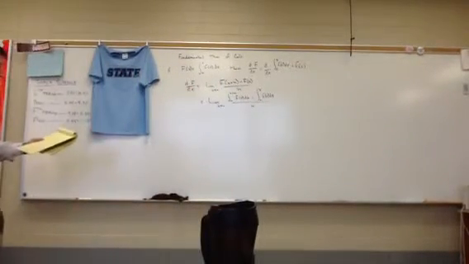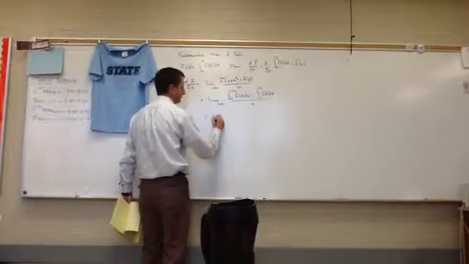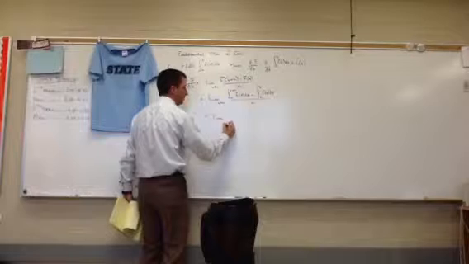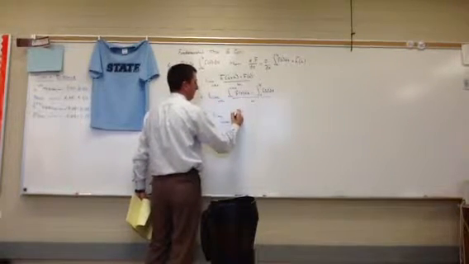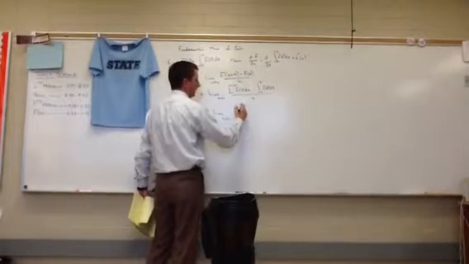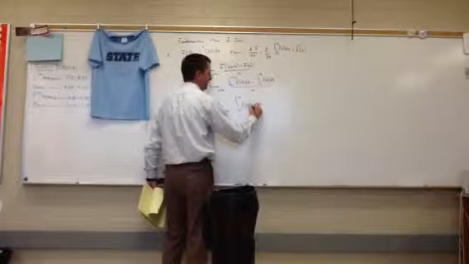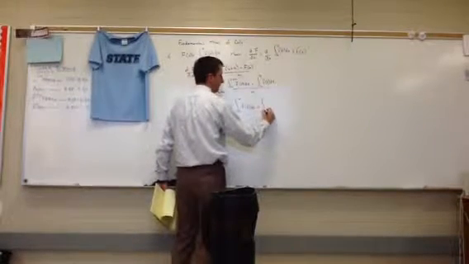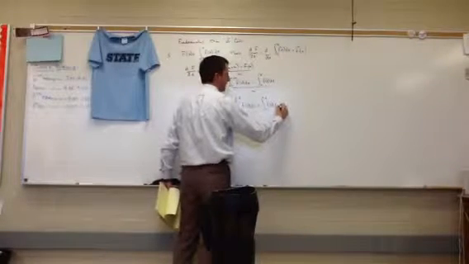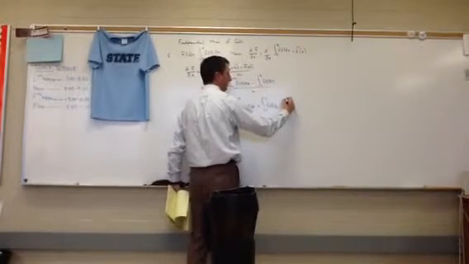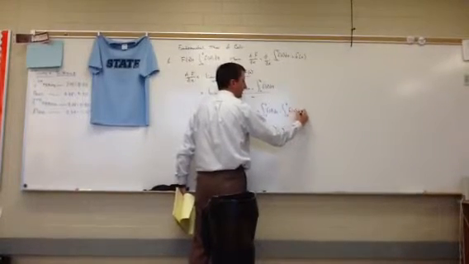Then we said that we had the limit as h goes to 0 of the integral from a to x of f of t dt plus the integral from x to x plus h of f of t dt, minus the integral from a to x of f of t dt.